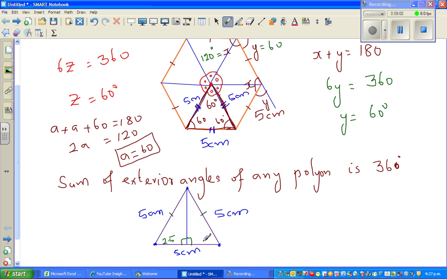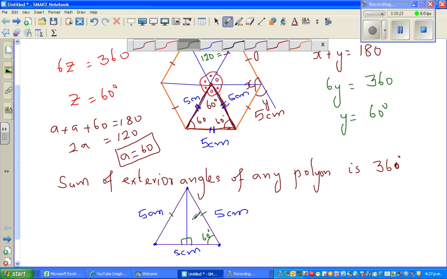We know this angle is 60, this is 90, so this has to be 30.